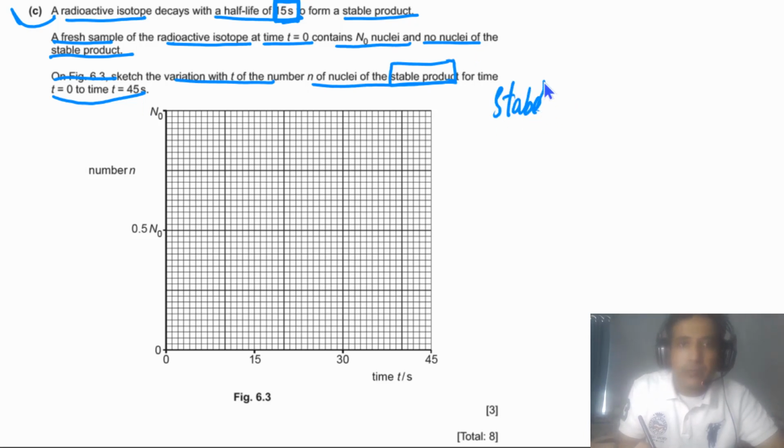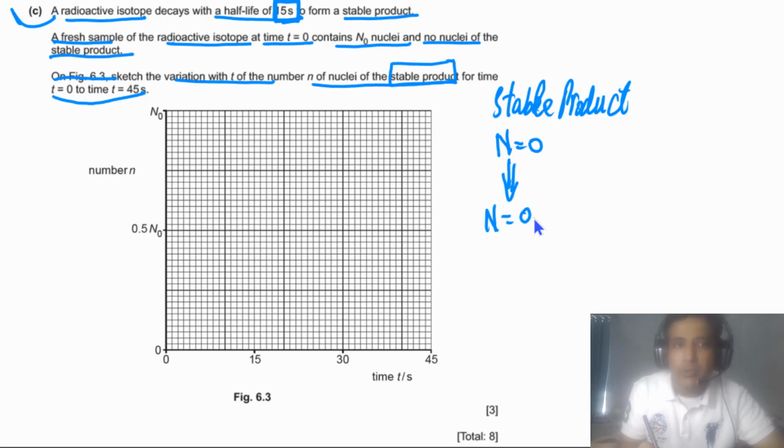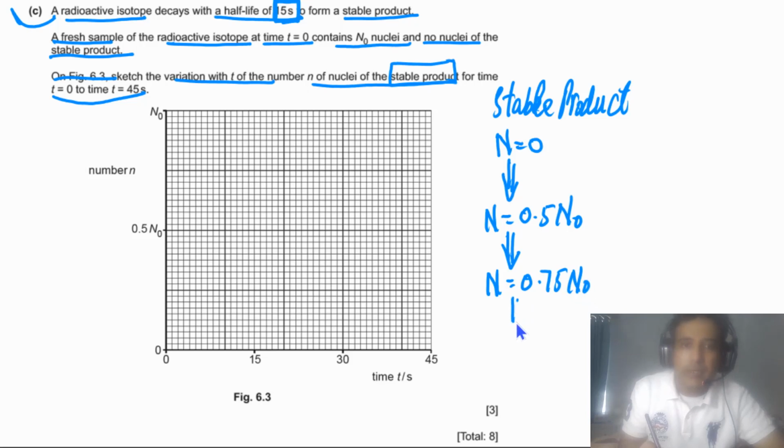Initially it has no nuclei, so initially N is equal to 0, and after one half-life N will increase to 0.5 N naught, and after another half-life this will be equal to 0.75 N naught, and after another half-life this will be equal to 0.875 N naught.